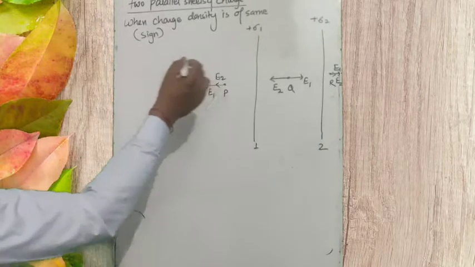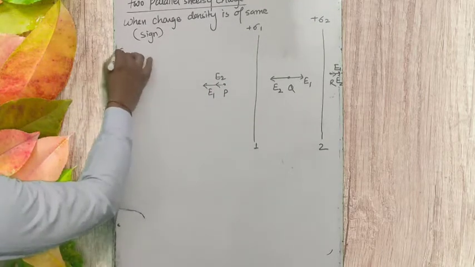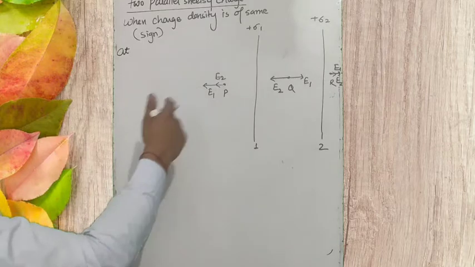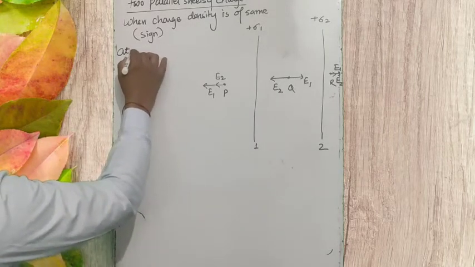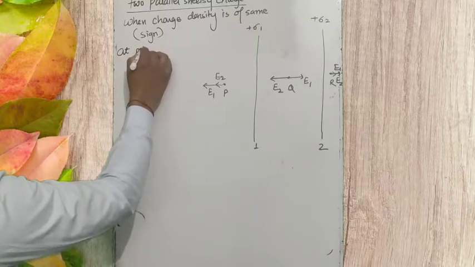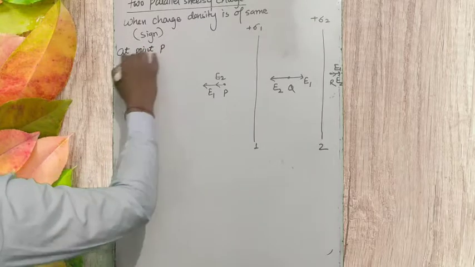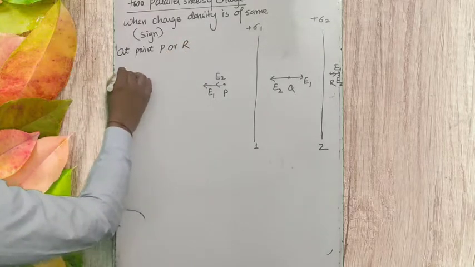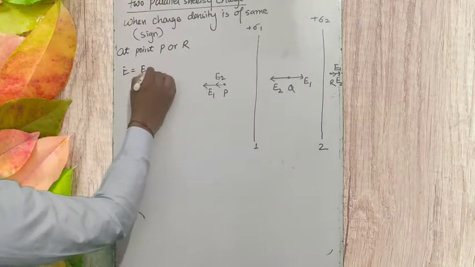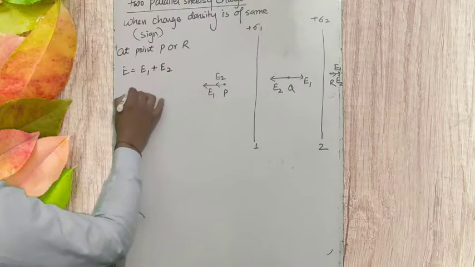So at point P and point R, the points lying outside of the sheets, the net electric field E will be equal to E1 plus E2.